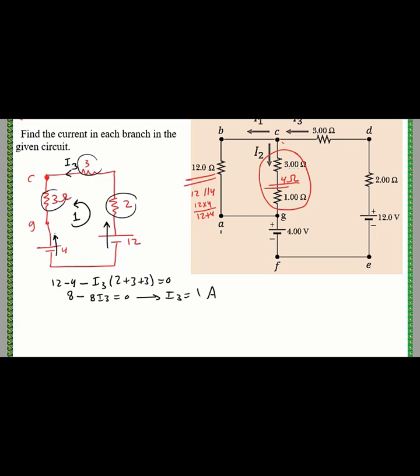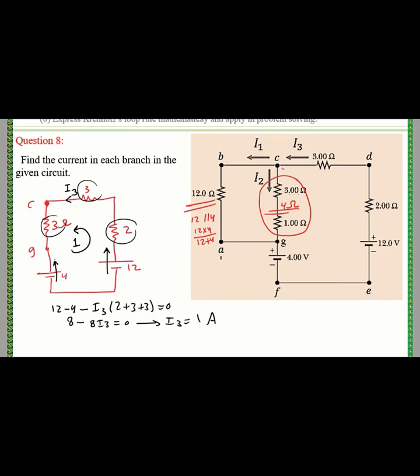Now, find the current in each branch. We find the main current. Now, we want to split it into 2 branches for I1 and I2. I1 and I2 are in parallel. So, I1 is flowing through the 12, and the opposite resistance is 4.